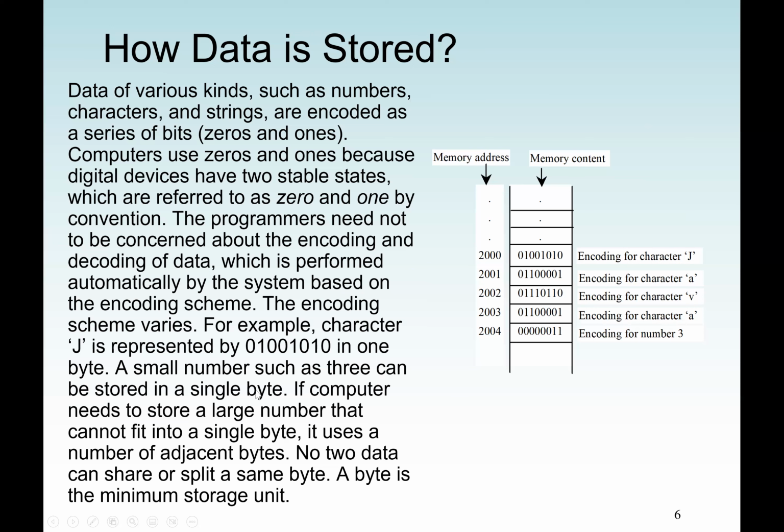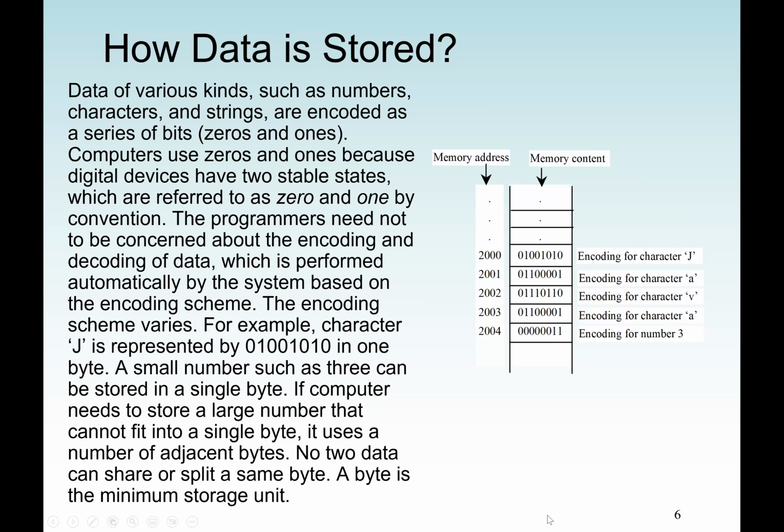A small number such as 3 can be stored in a single byte. Now, if a computer needs to store a large number that cannot fit into a single byte, then it uses a number of adjacent bytes. Again, no two data items can share or split the same byte. A byte is a minimal storage unit.